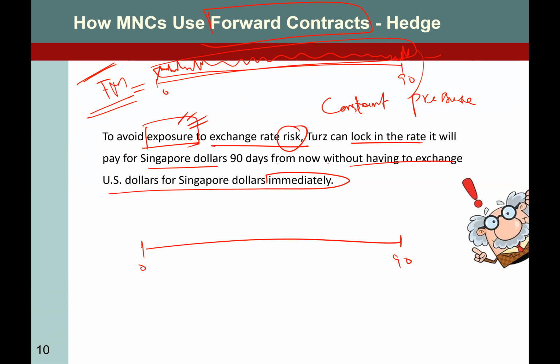By locking into this rate, or having this forward contract, you hedge the risk of increase and decrease. For example, you lock the rate at 0.52, and now you just wait for 90 days and focus on your business activities rather than taking tension over the currency market or forex market, whether the dollar has increased or decreased.